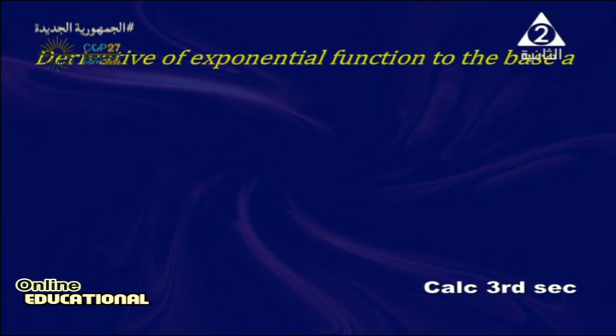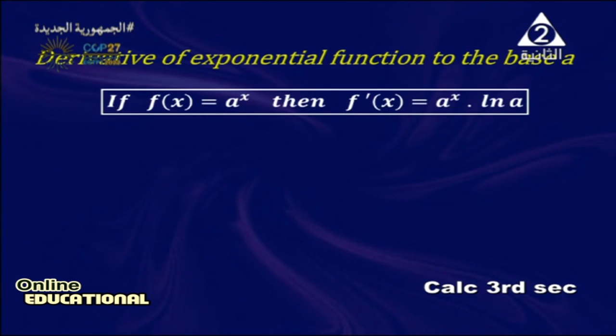Derivative of exponential function to the base a. If the function f(x) equals a to the power x, where a is any real number, then f'(x) equals a to the power x ln a.